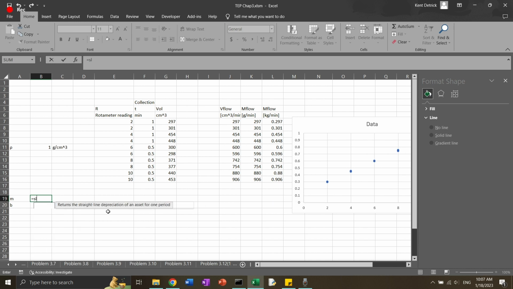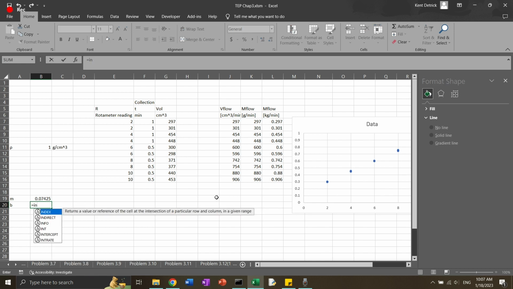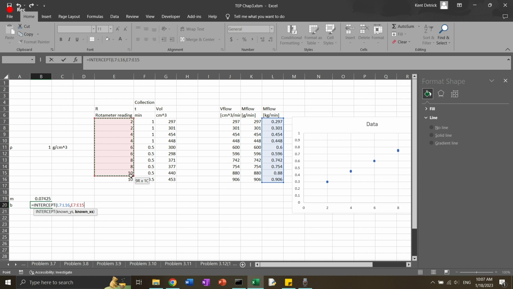So we'll calculate the slope from our known y values and known x values, and then we'll do the same thing with the intercept, using our known y values and known x values as inputs to this function. And now we have our slope and our intercept.